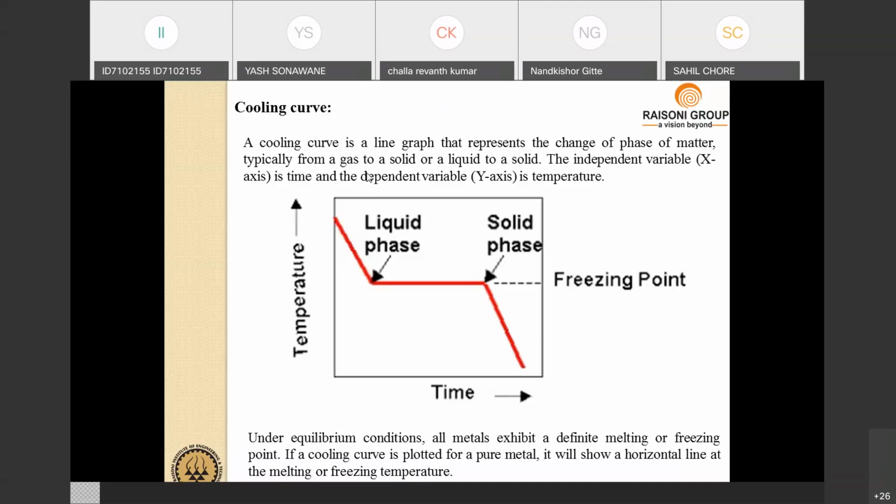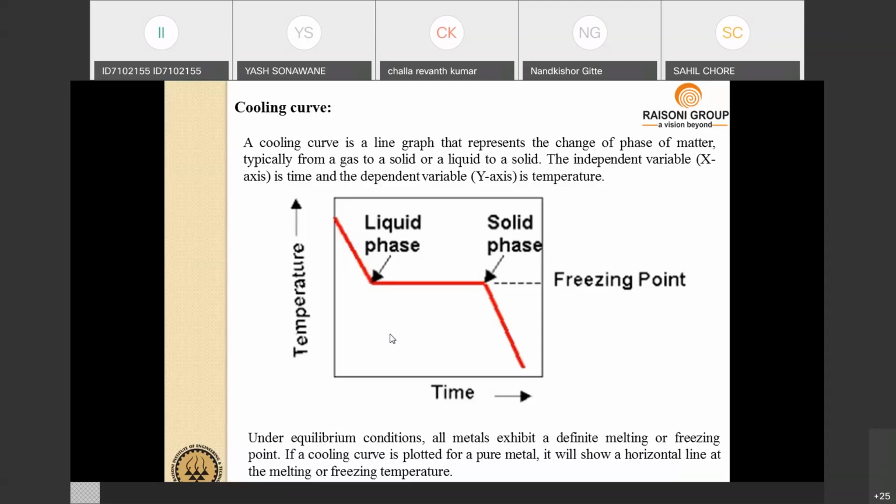Okay. So what is a cooling curve? A cooling curve is a line graph. Remember that a cooling curve is a line graph through which you can represent how a matter's phase changes. What is the phase of matter? You know there are three types of phase: solid, liquid, and gaseous.